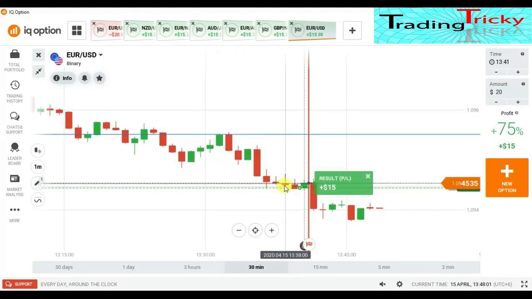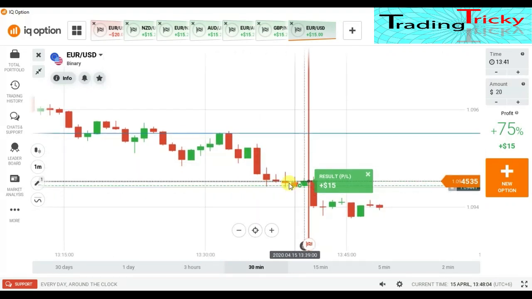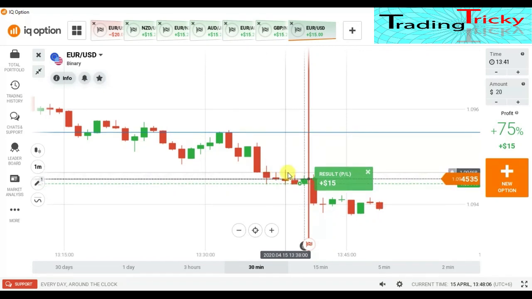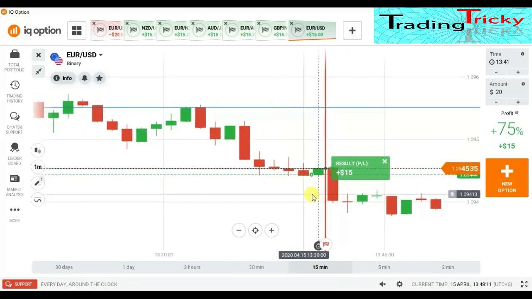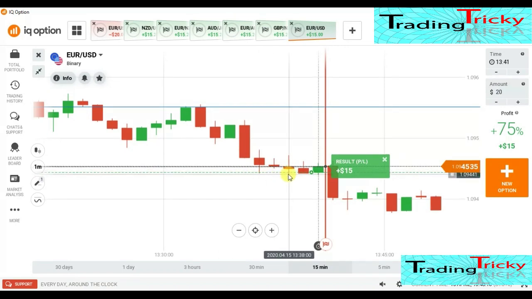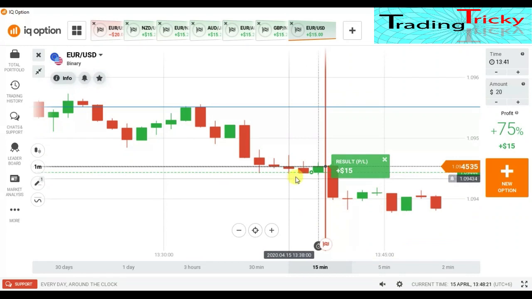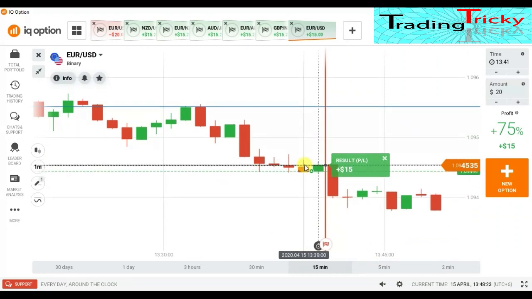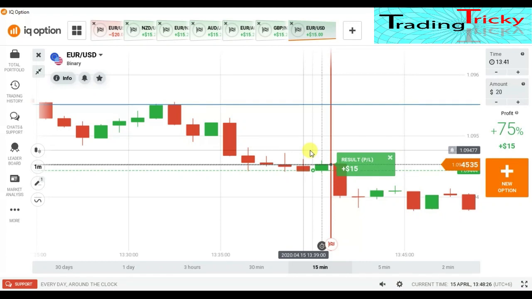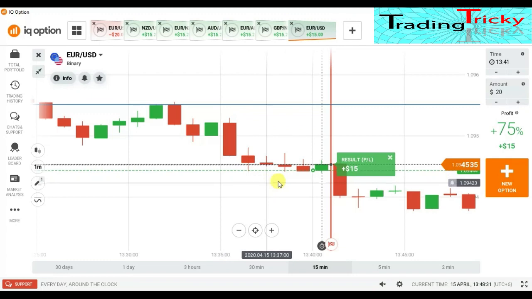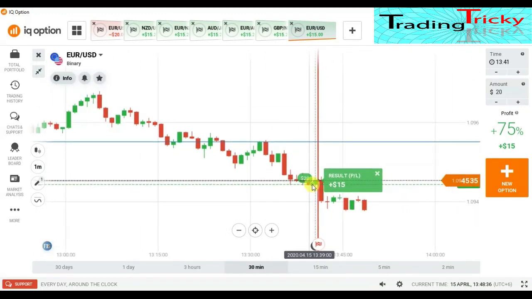But here, if you see 4, 5 candles, there is a buyers' entry, but the buyers were unable to make a bullish candle. If you observe, this candle was rejected from this level, again rejected by the buyer from this level. And in this candle I saw some buyers' entry, and at the end of the movement that candle closed at the buyers' rejection point. So I placed a higher option, and I won this trade.